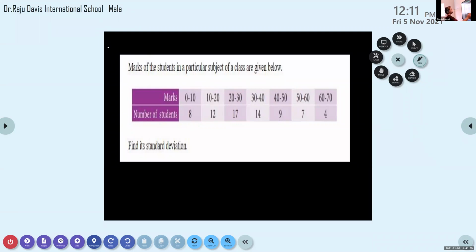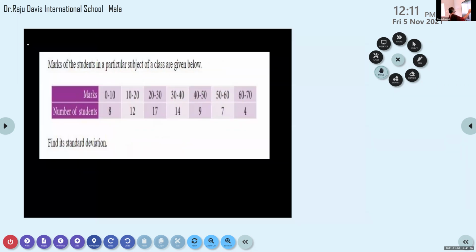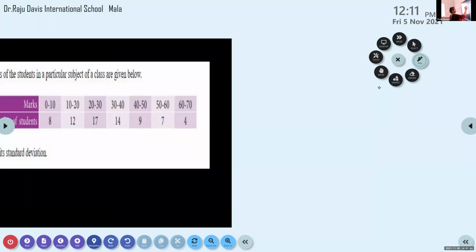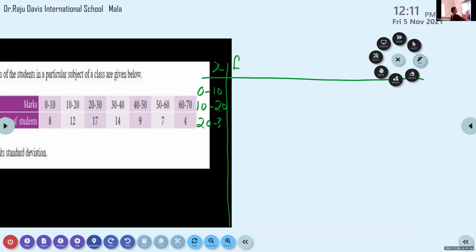First, write this into columns like x, f. For x, that is 0 to 10, 10 to 20, 20 to 30, 30 to 40, 40 to 50, 50 to 60, 60 to 70.